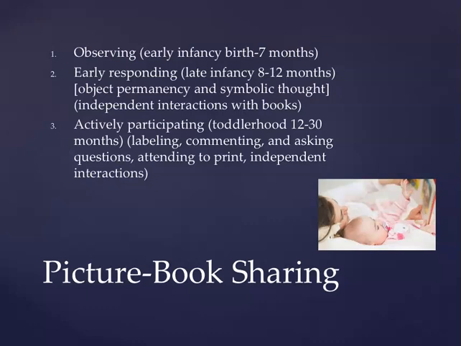So they start asking questions about what is this over here that is a different kind of illustration, right? And they start identifying print versus image or picture or illustration. So they can have these now completely independent interactions with books.